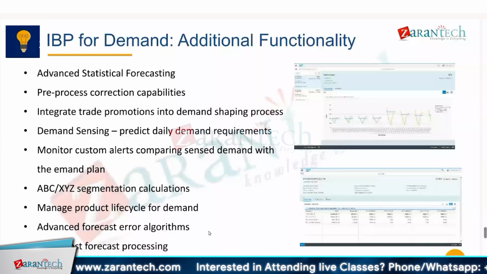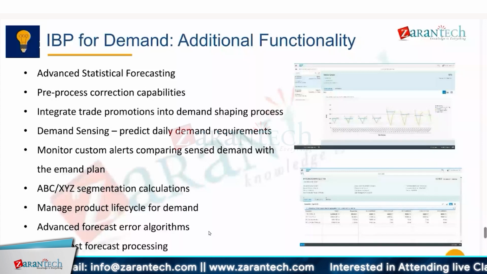Then the promotions, trade promotions, and demand shaping process. For example, for trade promotions, whenever you are planning promotional activities, you will see a big spike in the demand. One point is that this is good for the revenue, because the revenue is increased for that particular period. But in the subsequent month, you sometimes see a drop in the demand, because the products were sold based on special promotional activities.